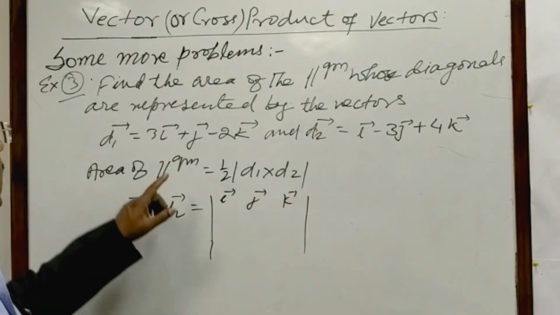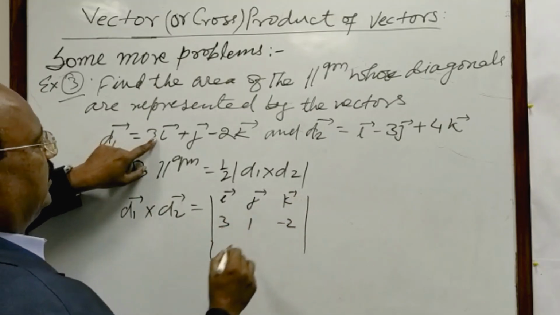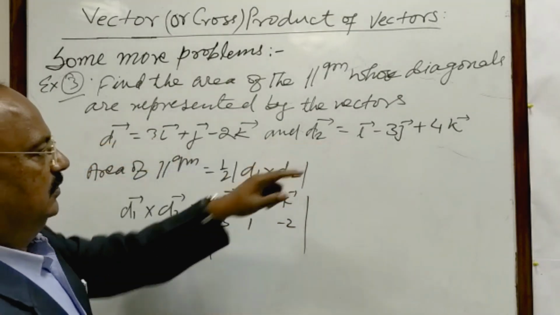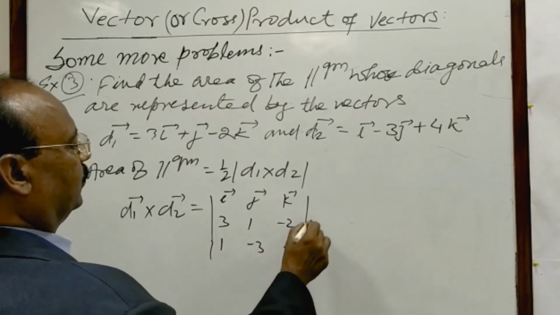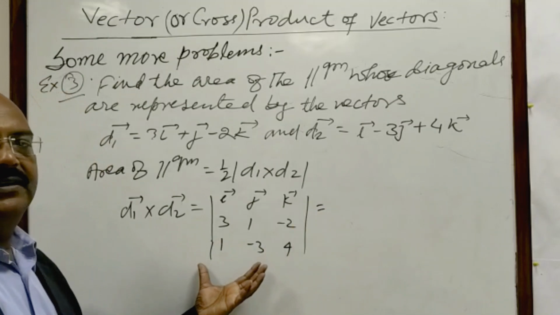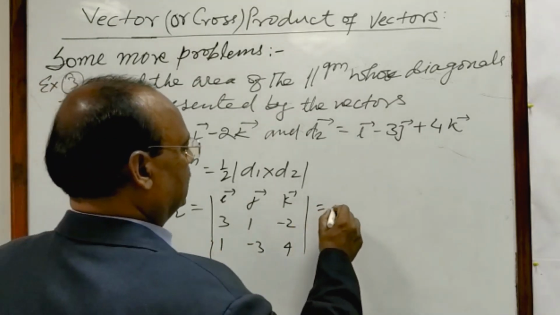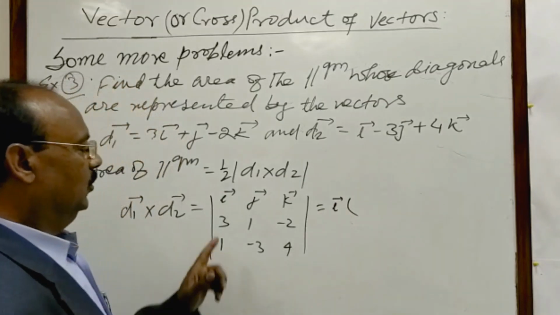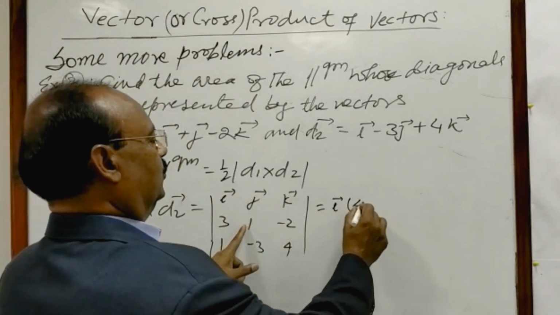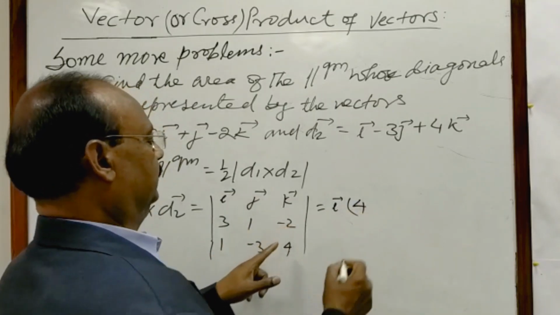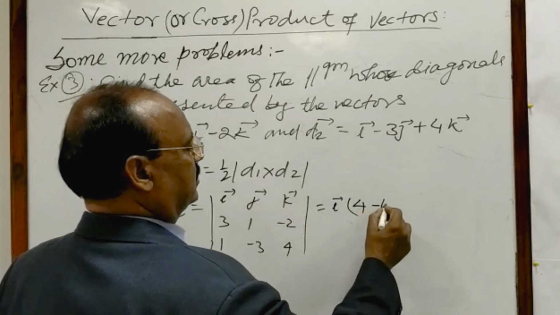In the second row, you write the coefficients 3, 1, minus 2, and next 1, minus 3, and 4. Now let us expand this determinant. This is i times, omit first row and first column, 4 into 1, that is 4, minus 3 into minus 2, that is 6.